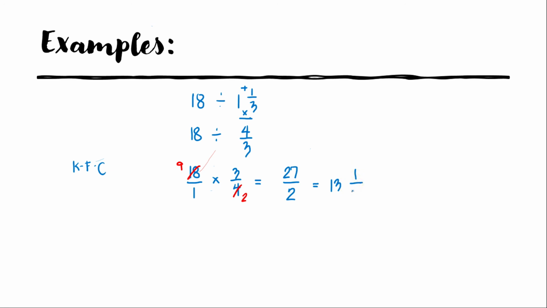And we will just copy the denominator. So, 13 and 1/2. Therefore, 18 divided by 1 and 1/3 is equal to 13 and 1/2. And that's it. Thank you.